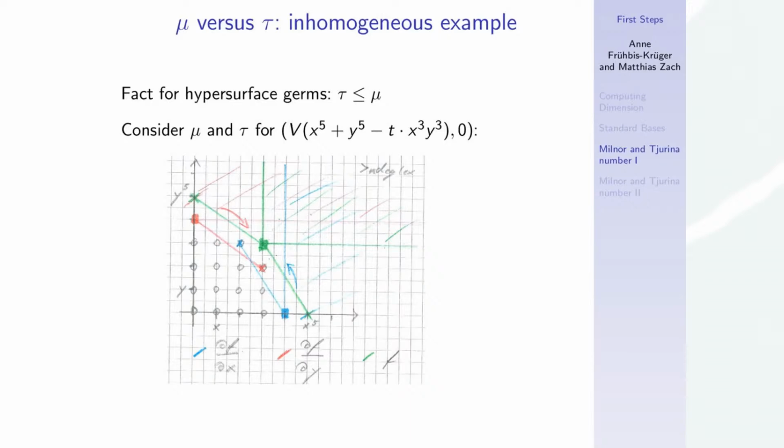Let's have the slides. And what we are seeing is, first of all, the monomial diagram. And in the monomial diagram, we first take the first partial derivative, so d by dx, which will be 5x to the 4 minus 3t x squared y cubed, with a leading monomial with respect to a local monomial ordering of x to the 4.